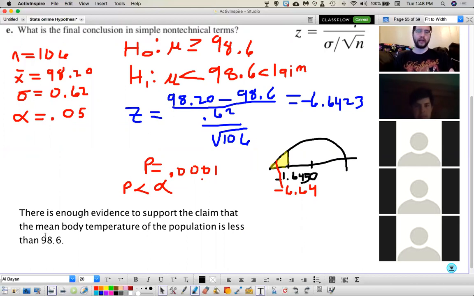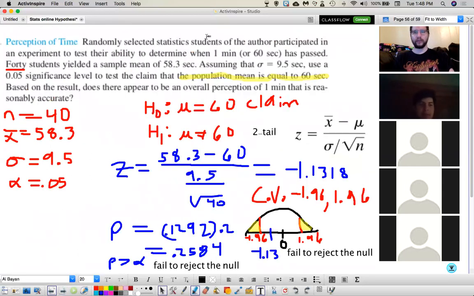If it says just perform the test, this is the answer. If it specifically says give me the p-value, this is the answer. If it specifically says find the curve sketch and it's 16 multiple choice answers, it's going to look like that. All right. Any other questions on this one? Doesn't look like it. Moving on.